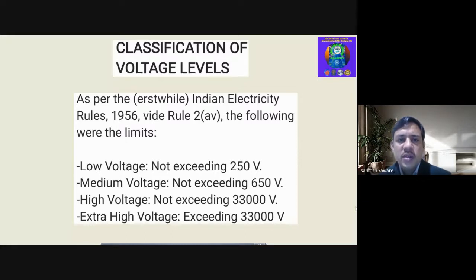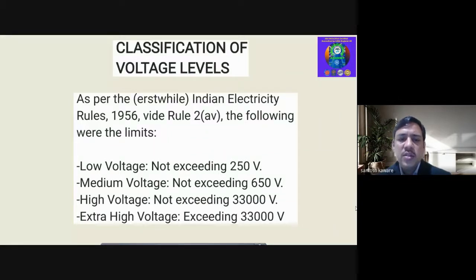If you see the Indian Electricity Rules 1956, especially Rule 2AV, the voltage limits were specified in those rules. According to the IE Rules 1956, low voltage is not exceeding 250 volt. Medium voltage is not exceeding 650 volt.